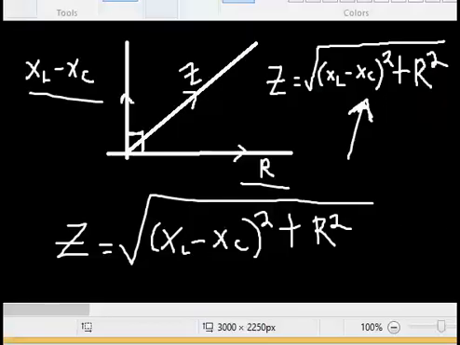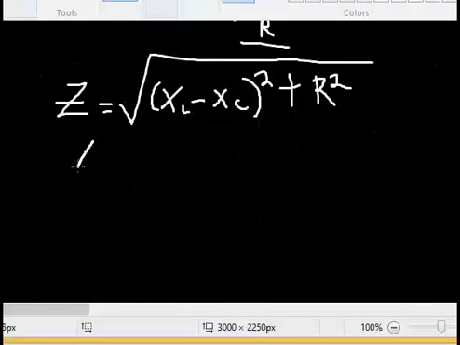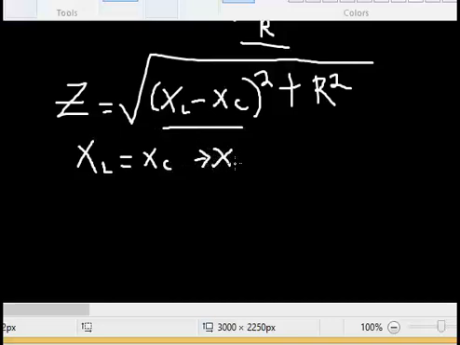So in a situation where XL is equal to XC, you discover that XL minus XC becomes zero. And this happens at resonance.